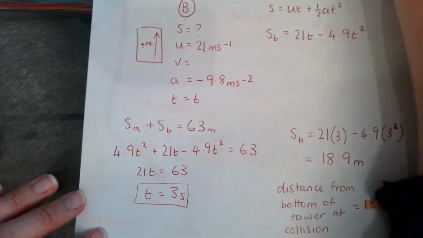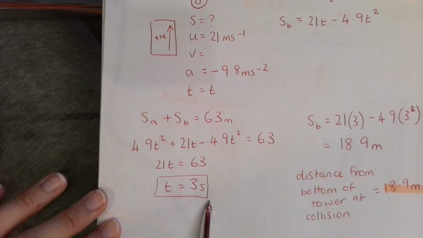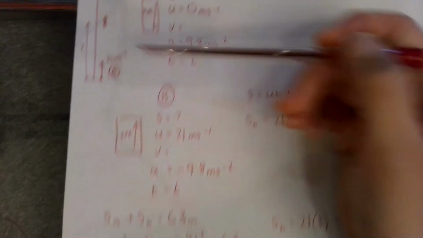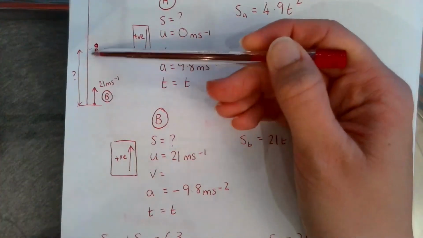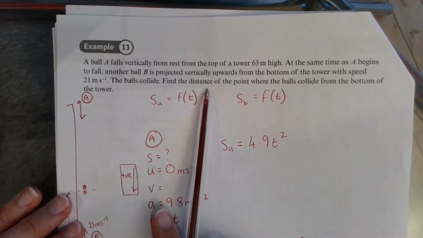And so I added those two equations together to make it equal 63. I worked out the time at which the collision occurred, and then I used that time to work out the distance here that the collision occurred, so the displacement of B when the collision occurred. That is a really nice example of a hard problem-solving mechanics question.